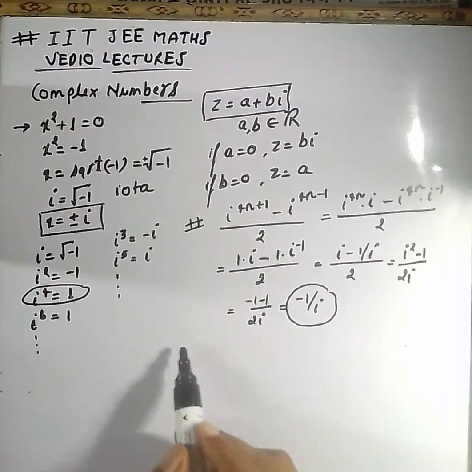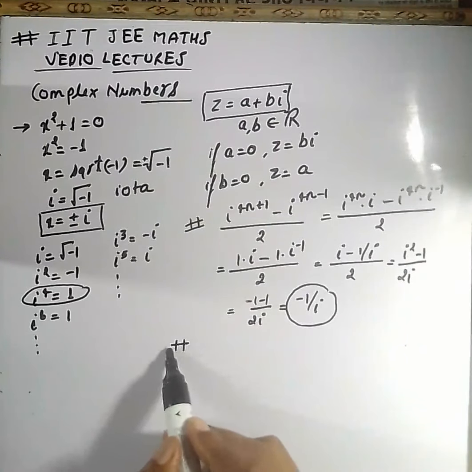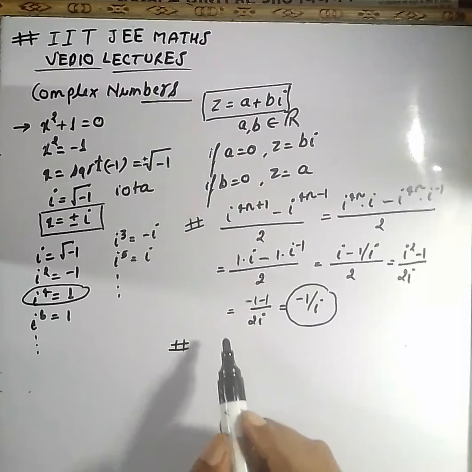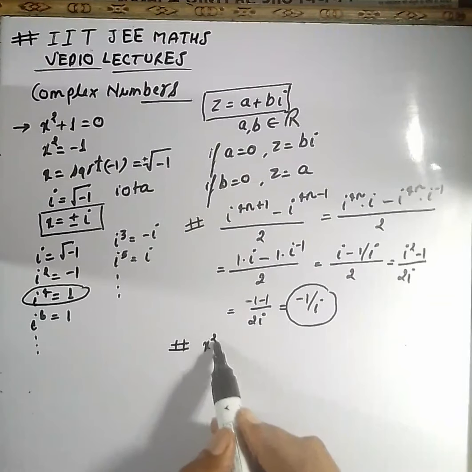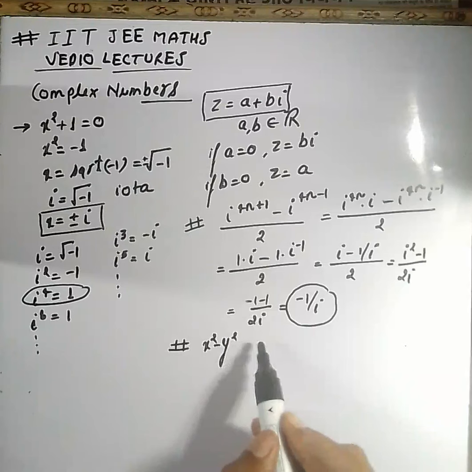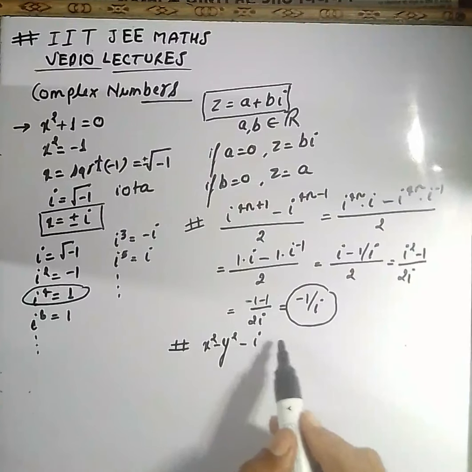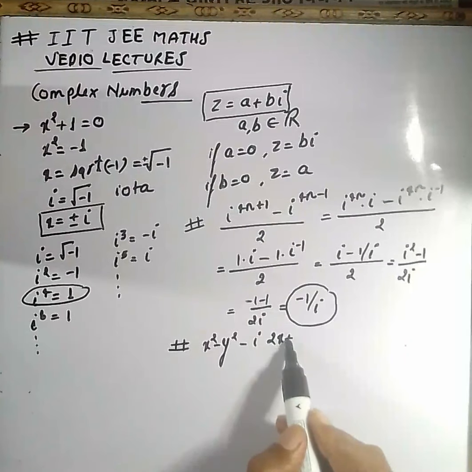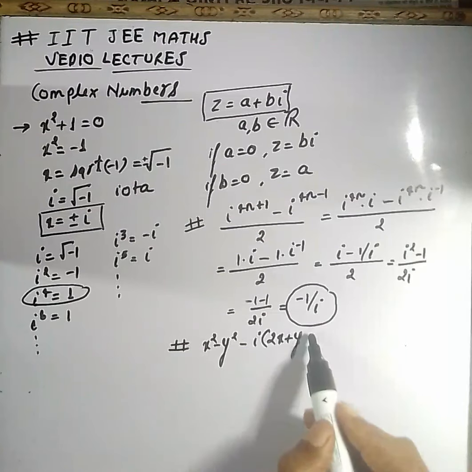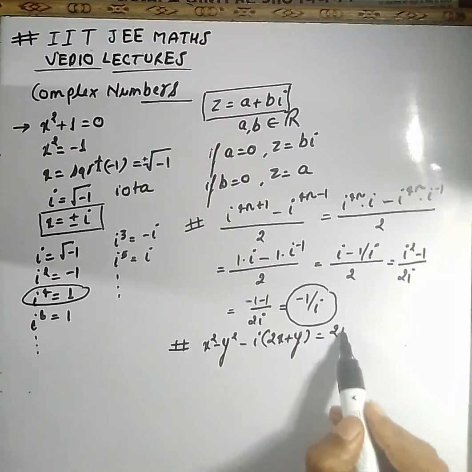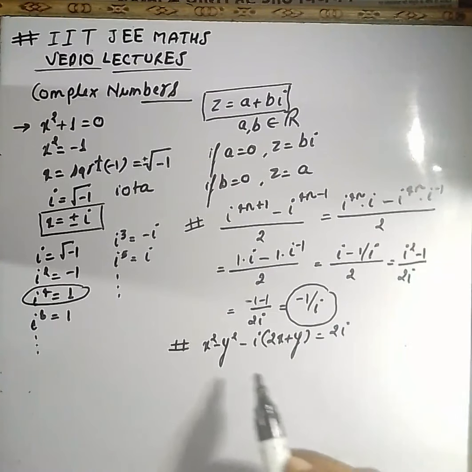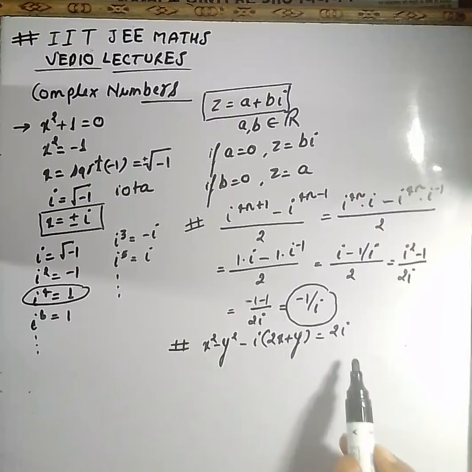And one more question we will see, a very easy question. x square minus y square minus i times 2x plus y equals to 2i. So here we have a basic equation.